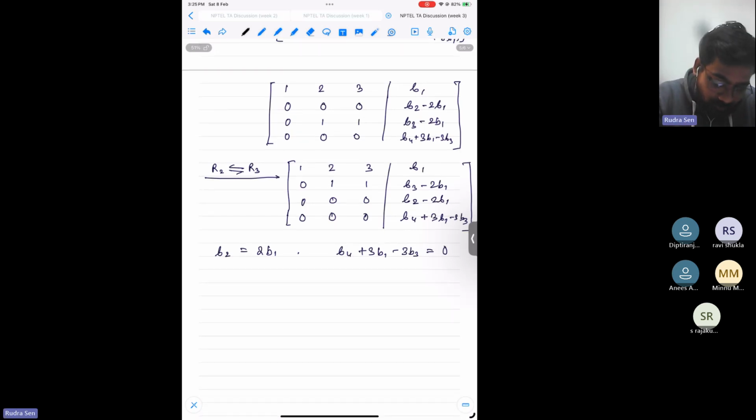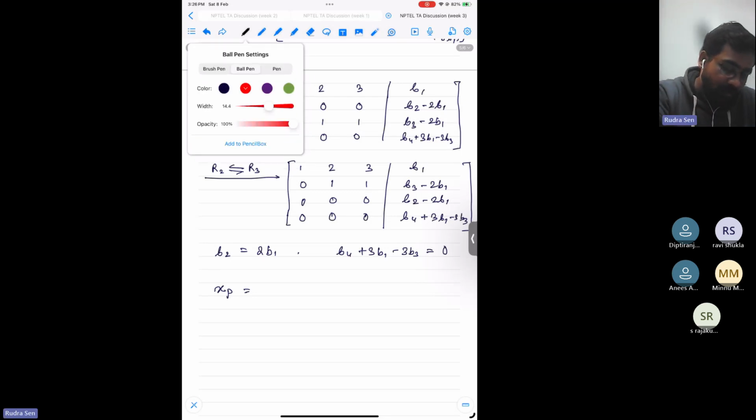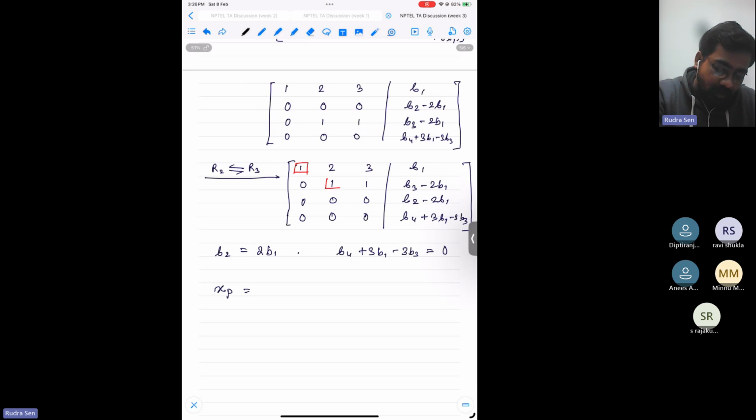You need to find the particular solution of this system. Here one variable is free. Which one is free? X1 is associated with a pivot column, X2 is associated with a pivot column, so that means X3 is my free variable. So what would be the choice? Choose X3 equal to 0.